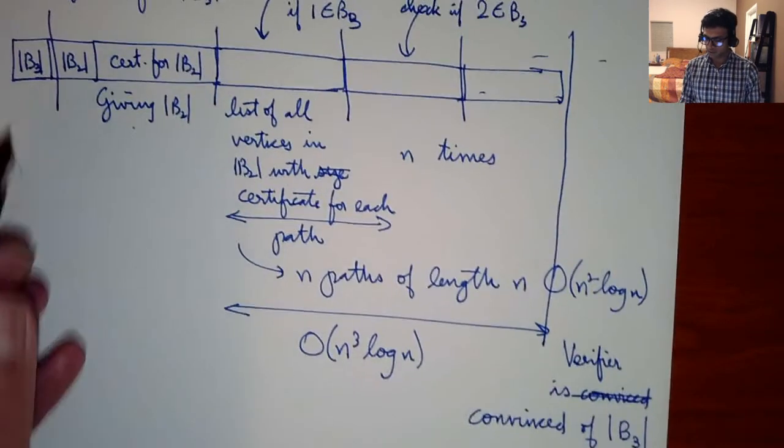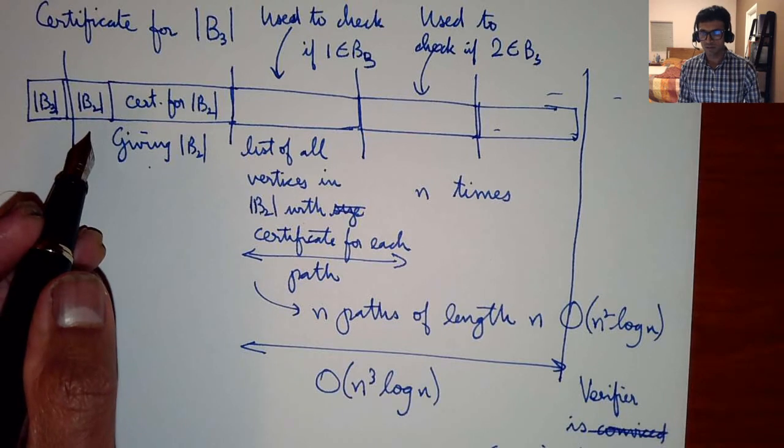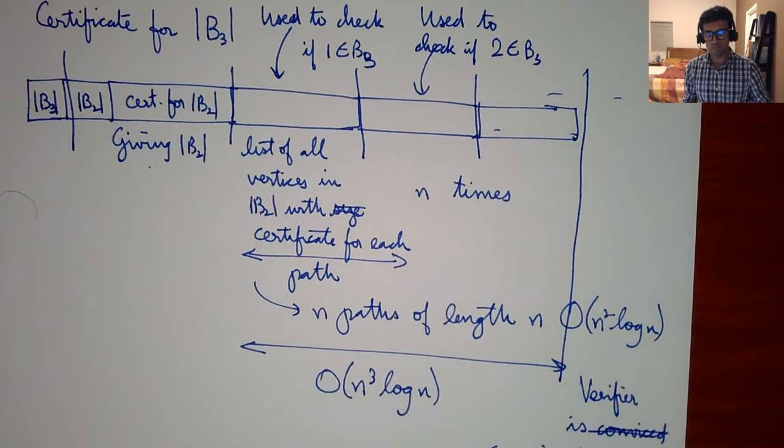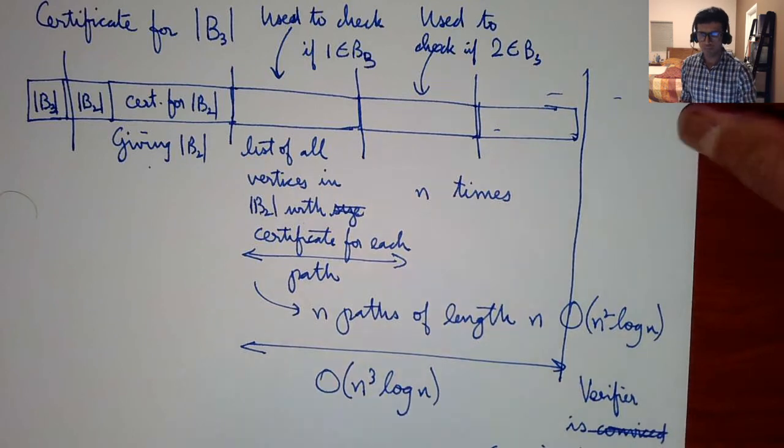Once the verifier is convinced of the size of B3, it can then be convinced of the size of B4. And finally, once it's convinced of the size of Bn minus 1, then it can just go ahead and check for all the vertices. Okay, but maybe I'll get to that.